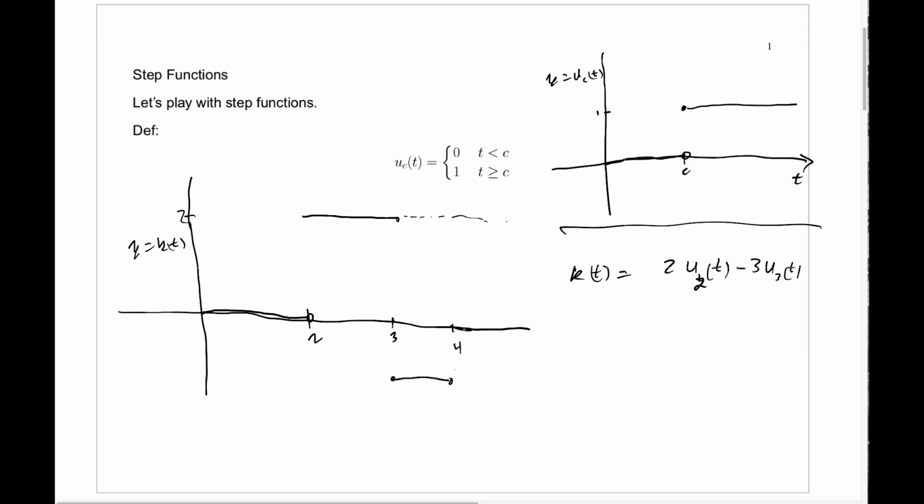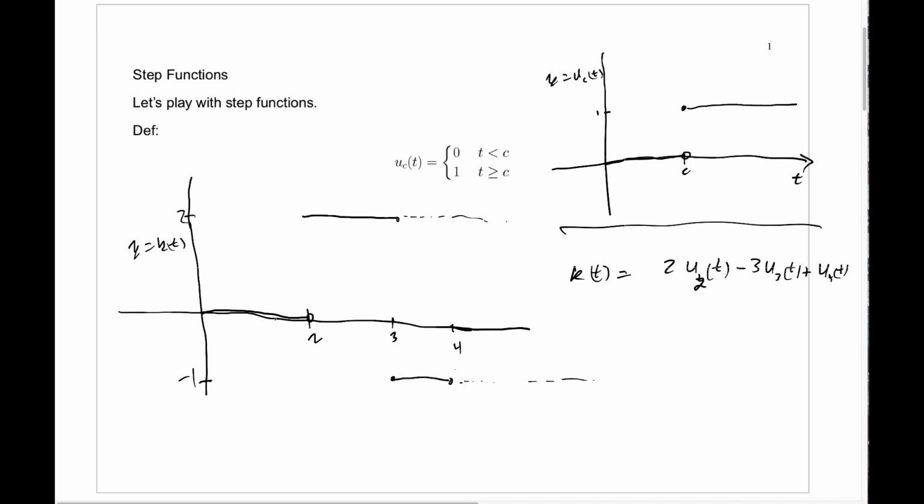So instead of being 2 up here, it would be down here at negative 1. But it would stay at negative 1 forever after that. Well, so I want to change it back to 0 at 4. So what I want to do is add something which moves me up 1 unit beginning at 4. So that's easy. I just add u sub 4 of t, like this.